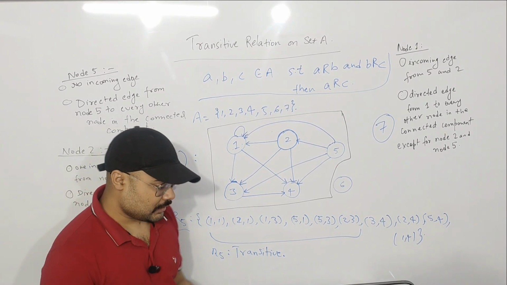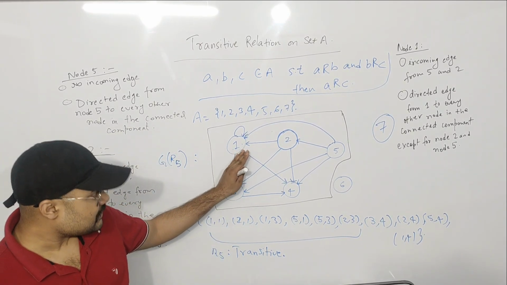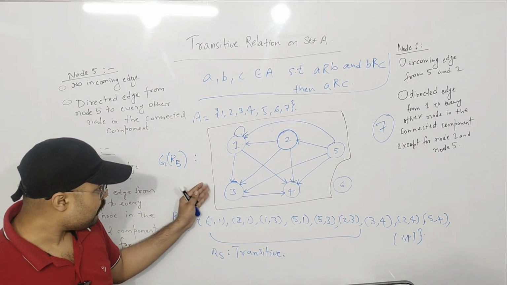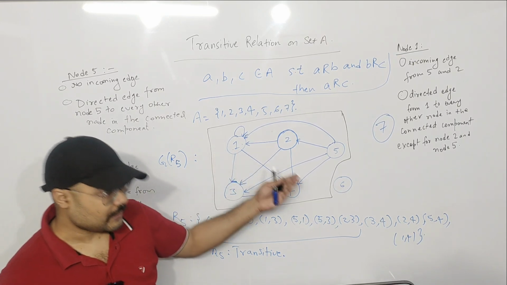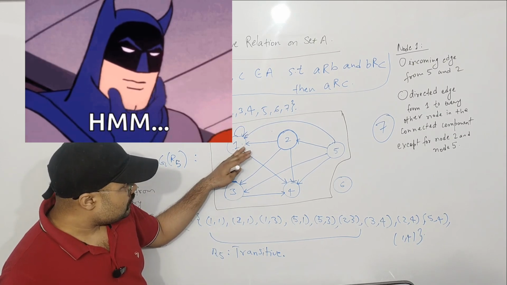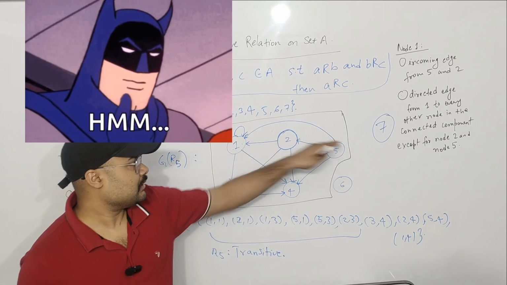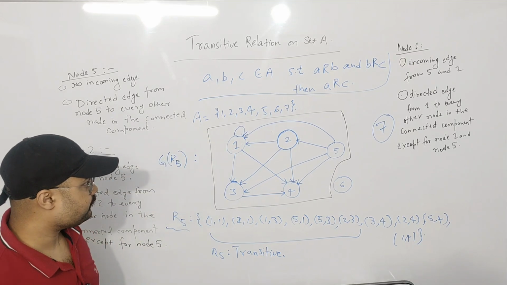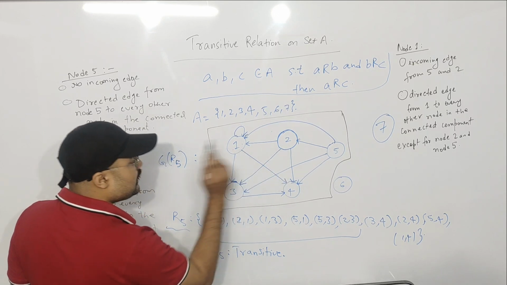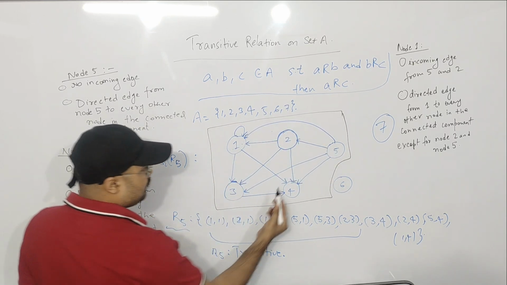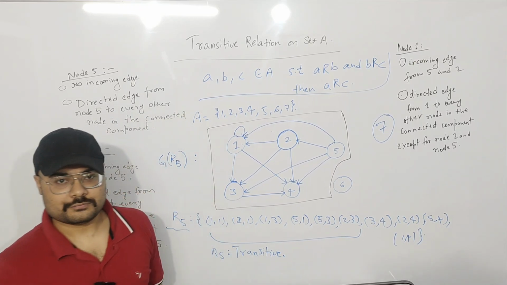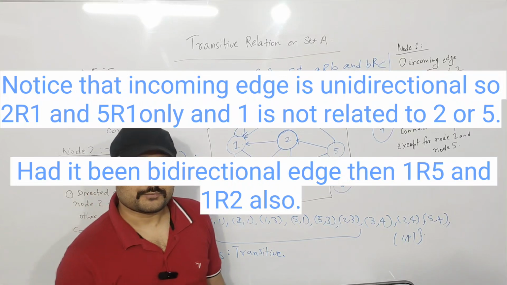In the graph of some transitive relation, if 1 is having an incoming edge from 2 or from 5, then it means that 1 is related to 2 or 5.